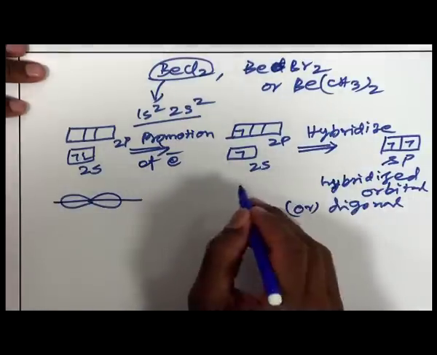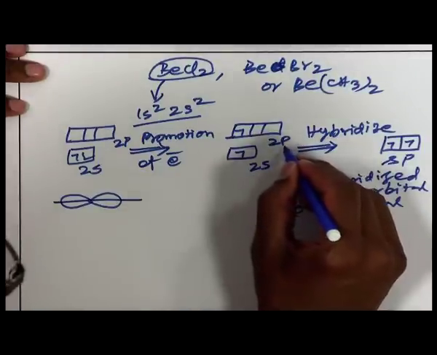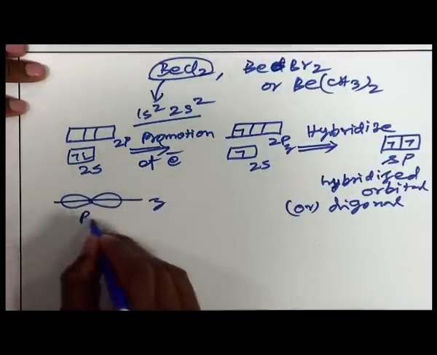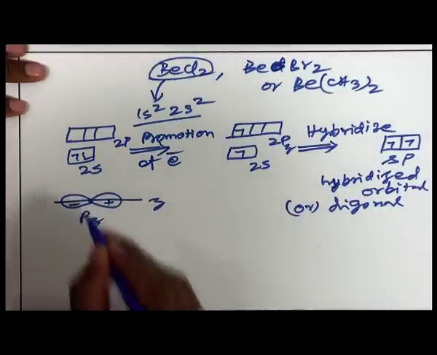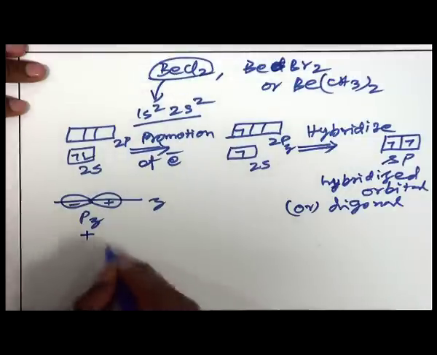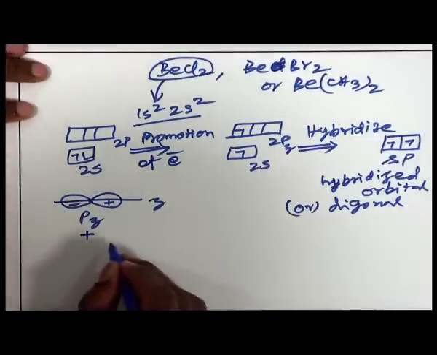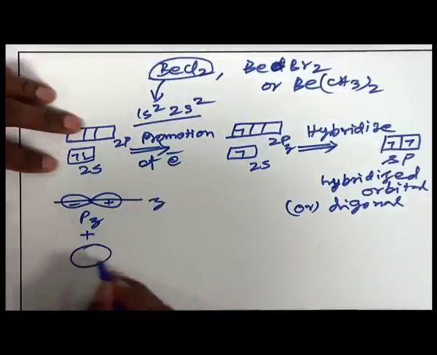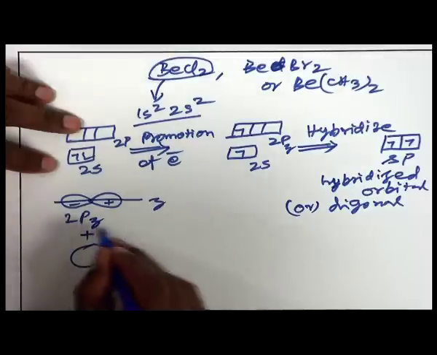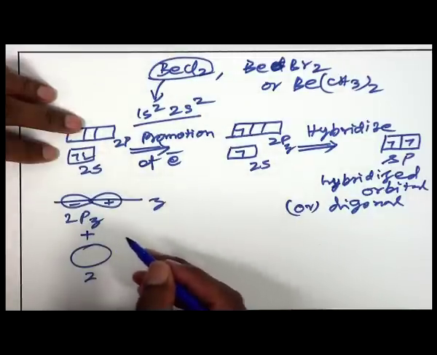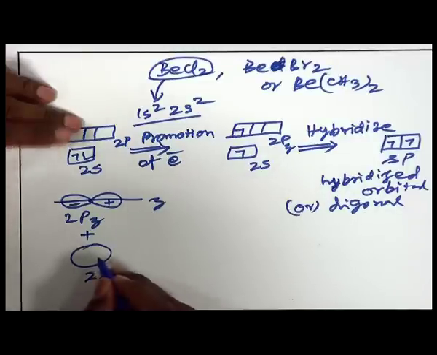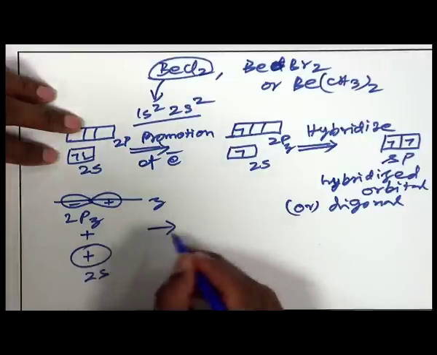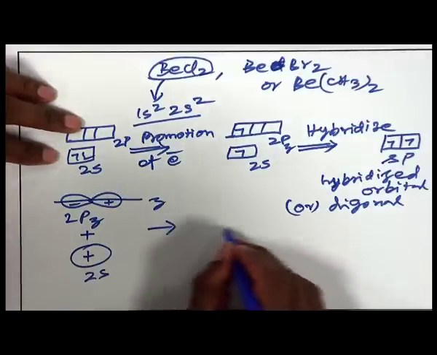The 2p orbital lies along the z axis, positive on one side and negative on the other, combining with the 2s orbital of the same atom. So, you have a 2s orbital and a 2pz orbital. The 2s has a positive sign everywhere, and can give two hybridized orbitals of this type.